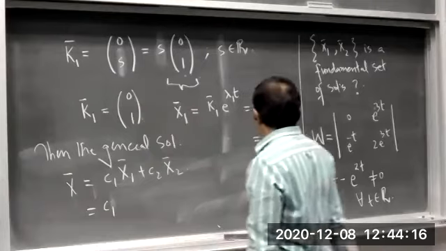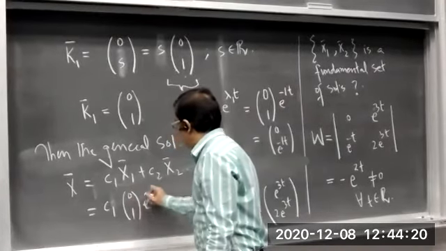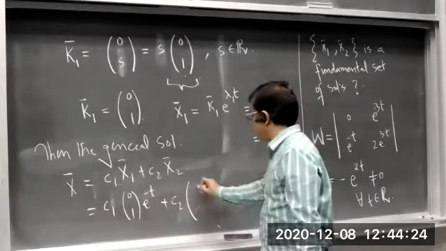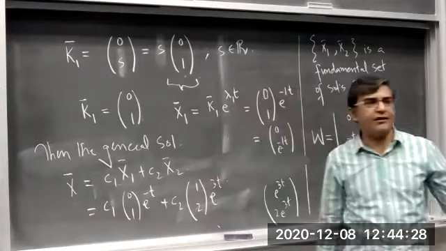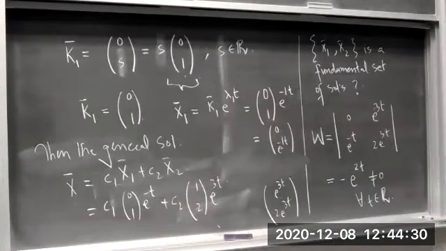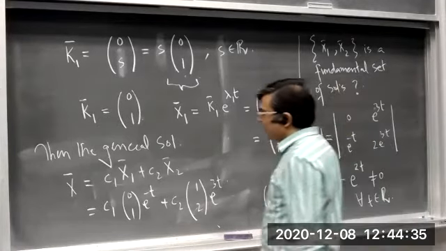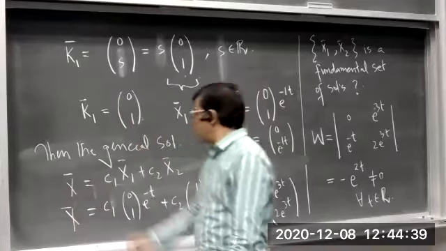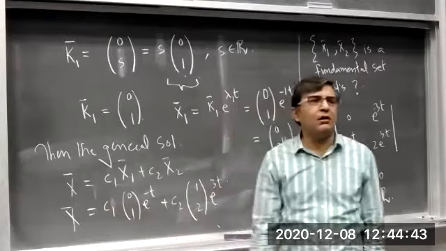It is (0, 1) e raised to the power minus t, plus C2 times the second, which is (1, 2) e raised to the power 3t. So this is your general solution of the given system of first order differential equations. Now, if we are given some initial conditions, we can find these constants C1 and C2.